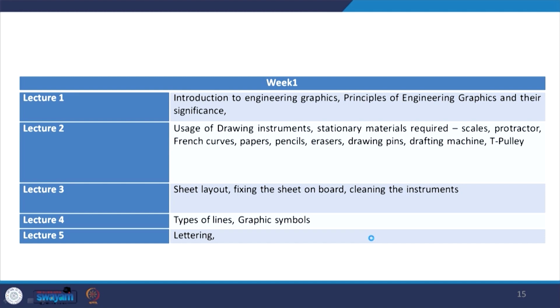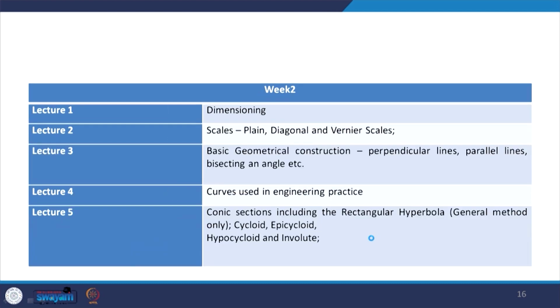Different drawing instruments, how different stationery materials will be used, what their purposes are, different sheet layouts, how do we fix the sheet, cleaning the instruments, different types of lines and graphic symbols, lettering. So basically the introductory stuff, like vocabulary building, in language terms knowing the alphabets and some basic words, how to put words together, something like that.